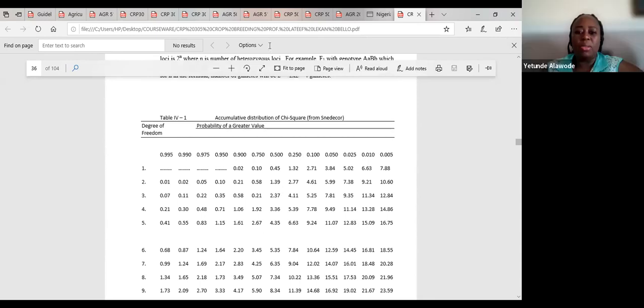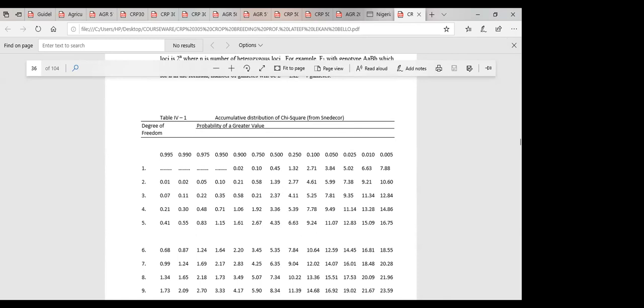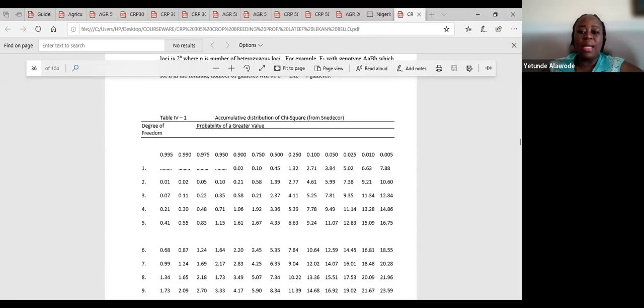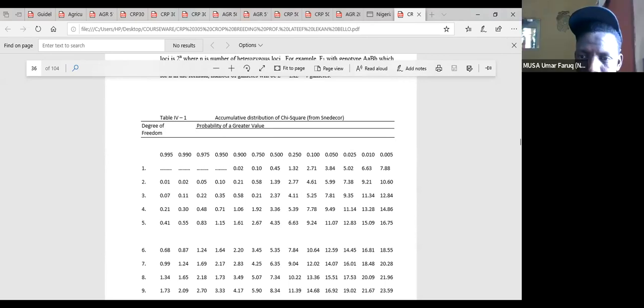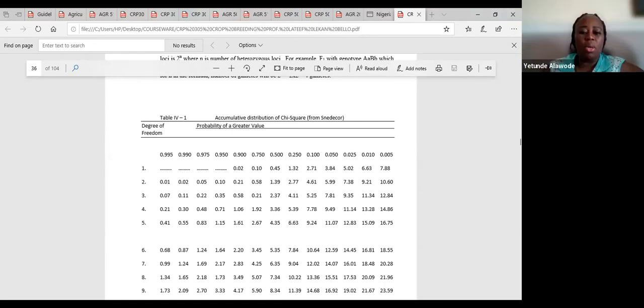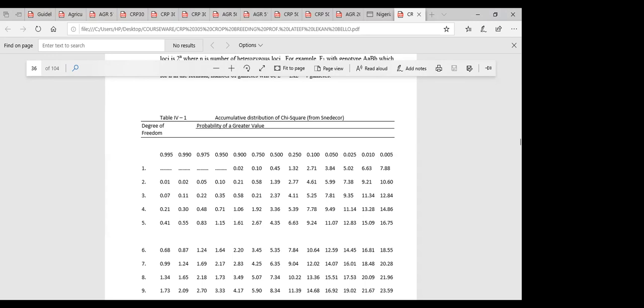Check better. You understand it to this level, right? There's only 0.55. Understand this table. I don't know how to check.